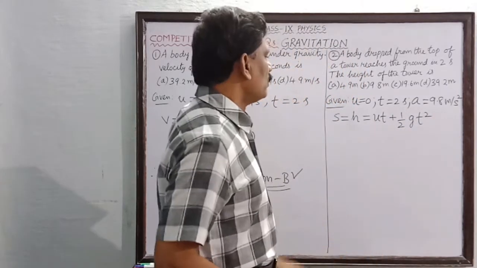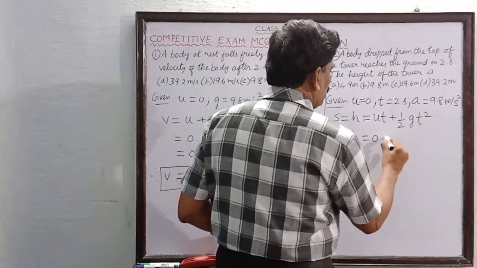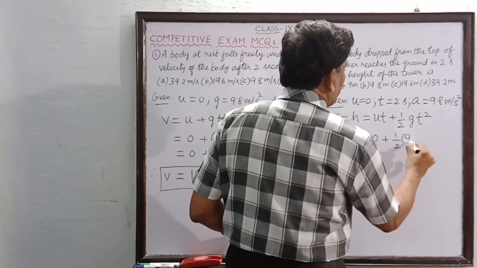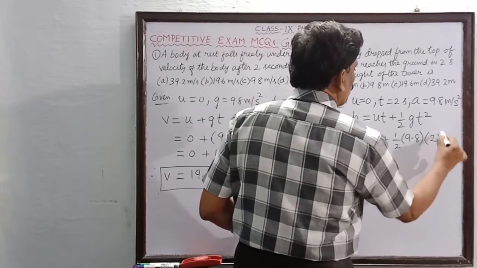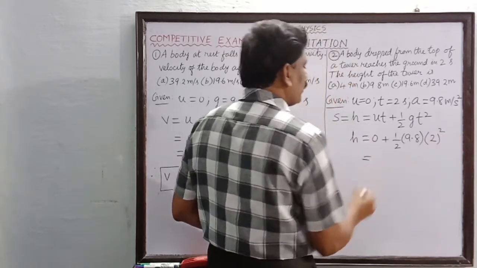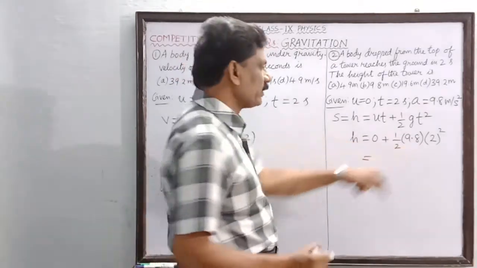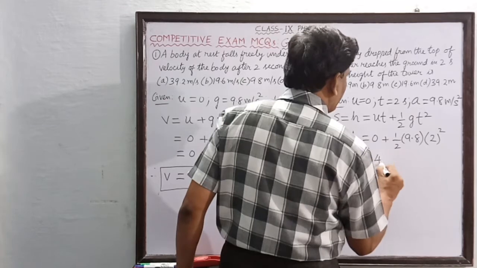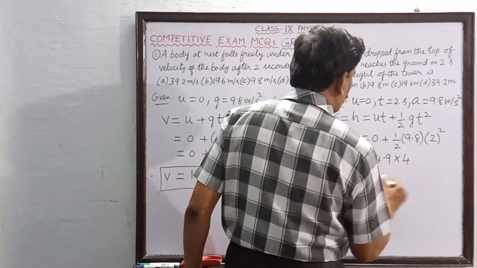So h is equal to 0 plus half into 9.8 into 2 square. Half into 9.8 is 4.9. I will write this as 4.9 into 2 twos are 4.